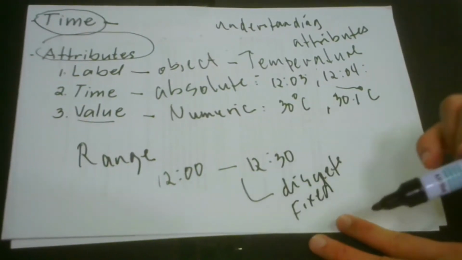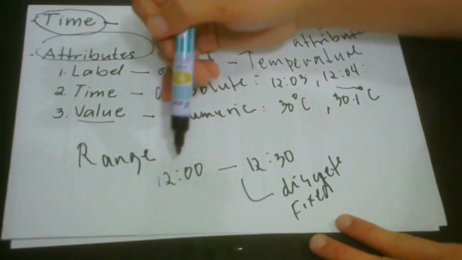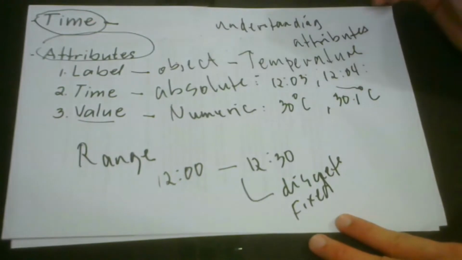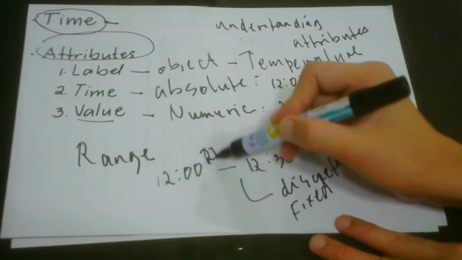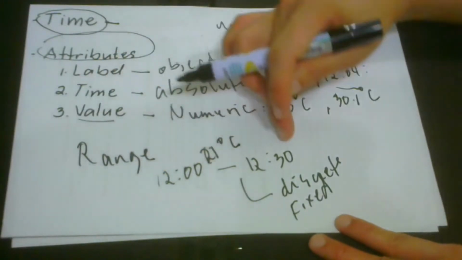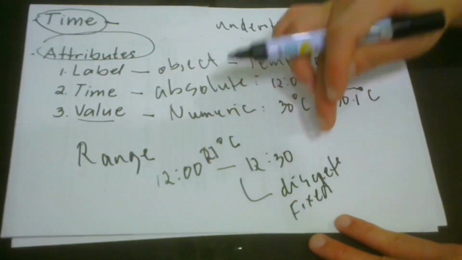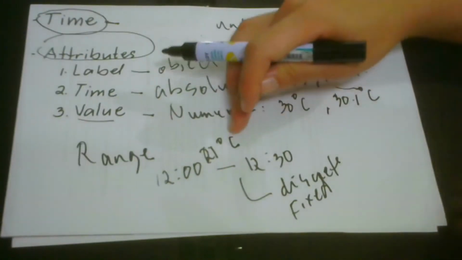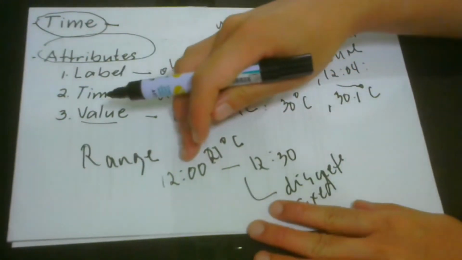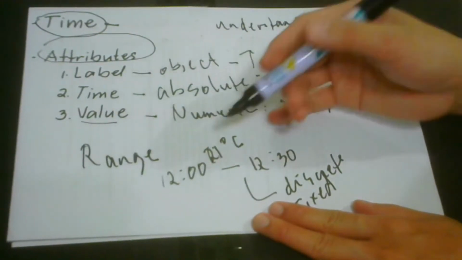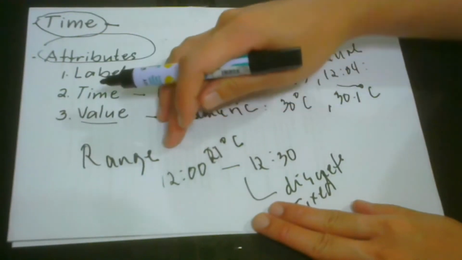Say for example, within this 30-minute period, the temperature is just 21 degrees Celsius. So again, within this time frame, we have a discrete and fixed value of the temperature, which is 21 degrees Celsius.